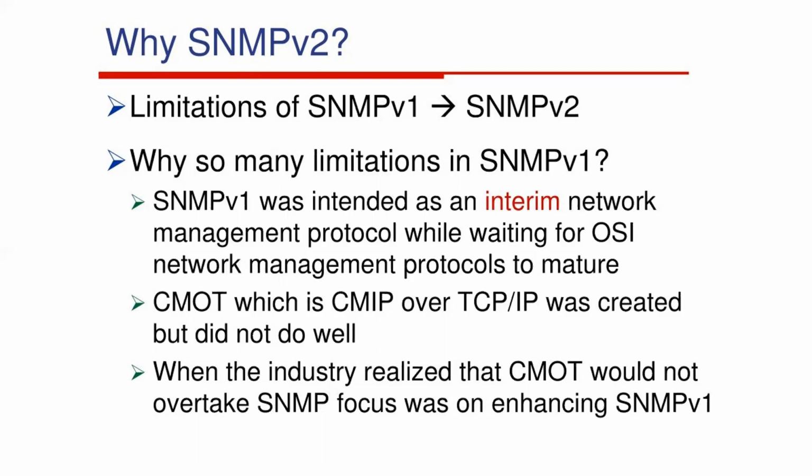It is nothing but CMOT, which is CMIP over TCP/IP, was created but did not do well. Then the last point, when the industry realized that CMOT would not overtake SNMP, focus was on enhancing SNMP version 1. These are all the limitations.